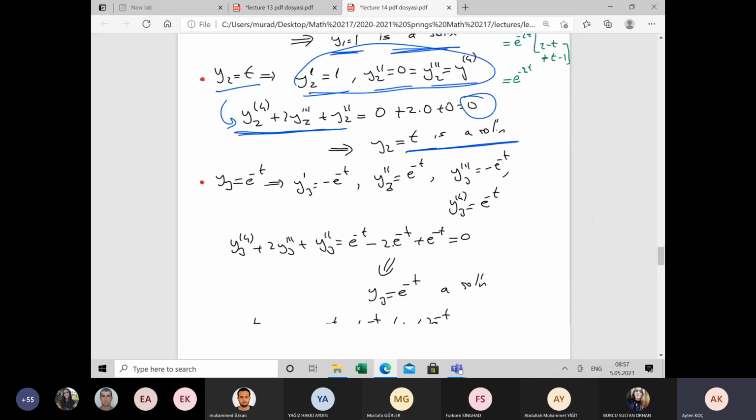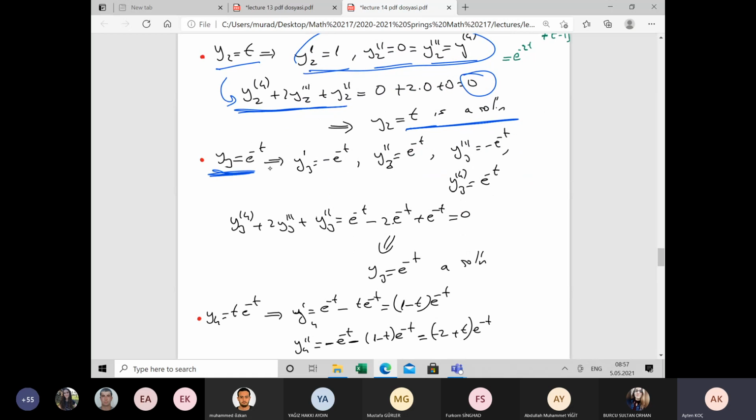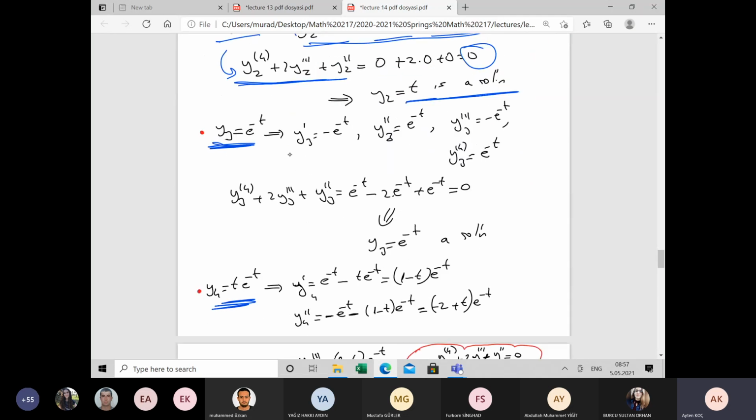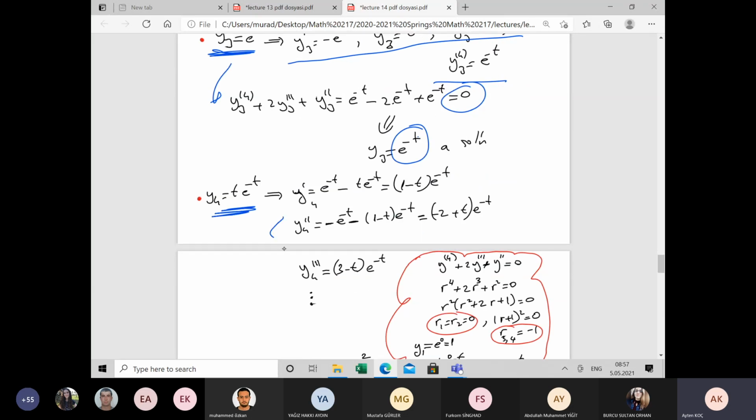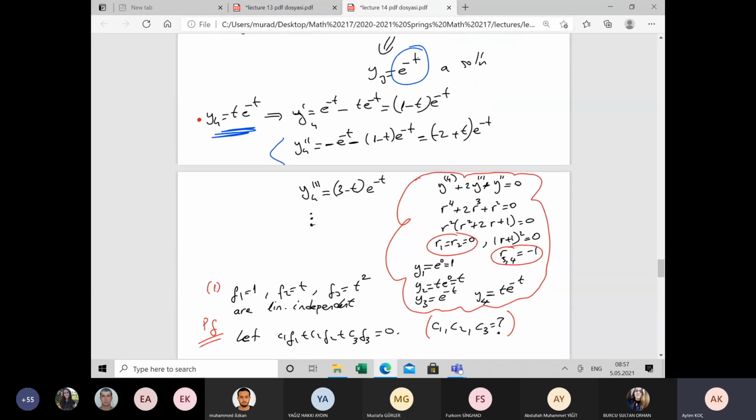Similarly, check e to the minus t: take the derivative of all of them and substitute here, and then we obtain 0. So this one is a solution. Also compute all of them for t e to the minus t, and this one is a solution.